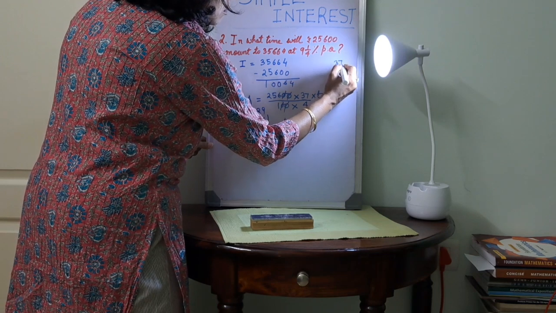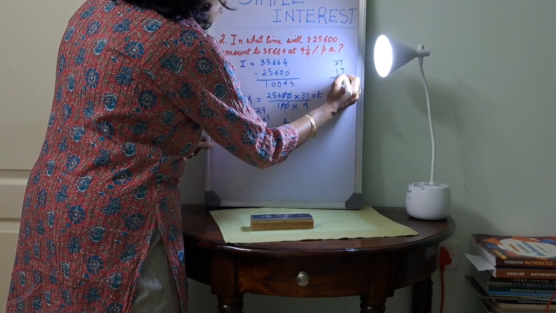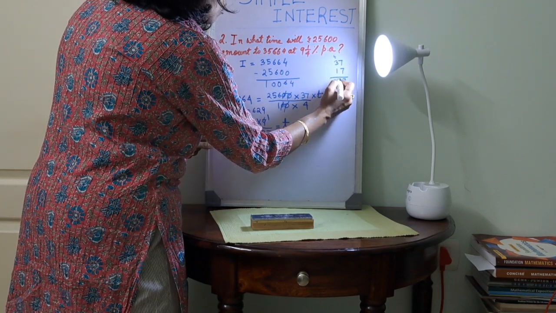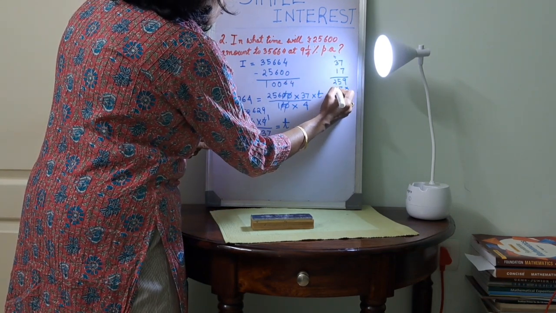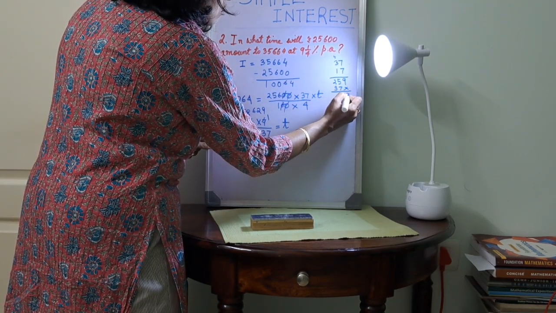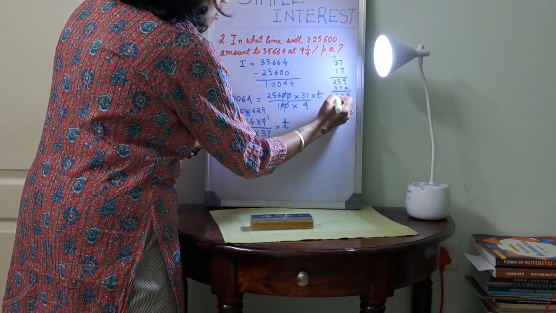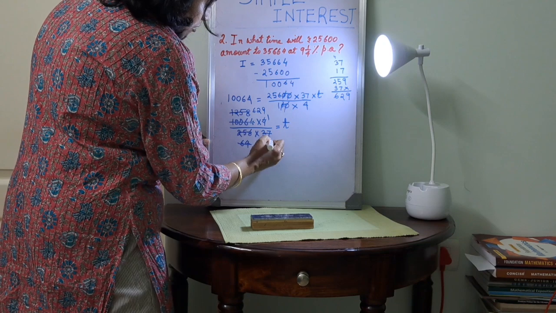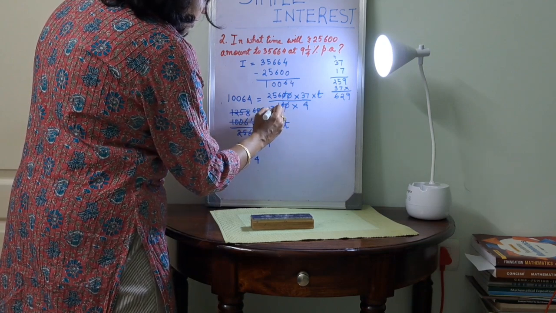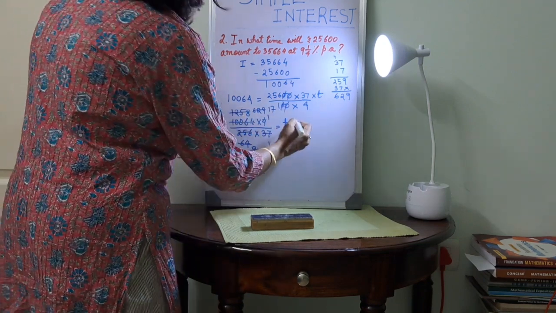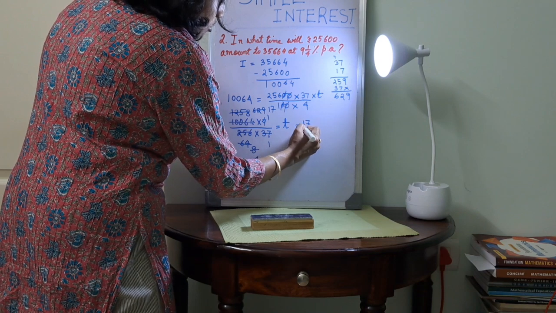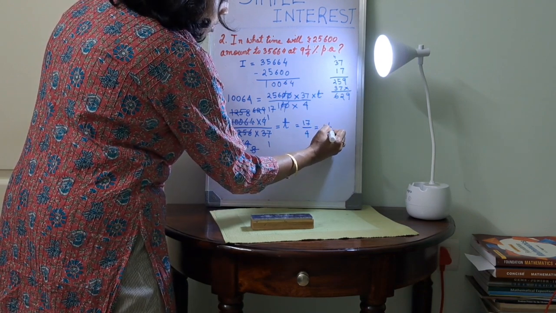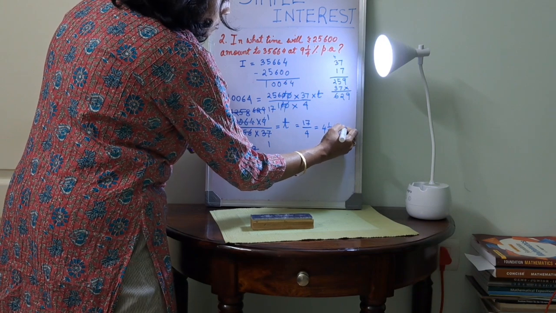So let us do a small rough work here. 49 and 4, 21 plus 4 is 25. 7 ones are 7, 3 ones are 3, 9, 12 and 6. Yes, we are right. It goes by 17. So in the numerator you are left with 17, in the denominator with 4. So it is 4 and 1 by 4 years.